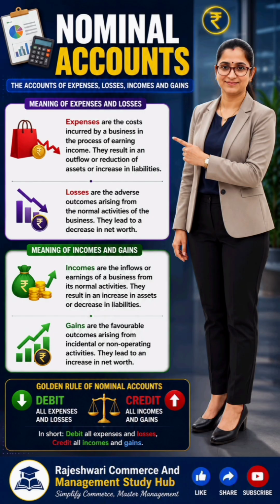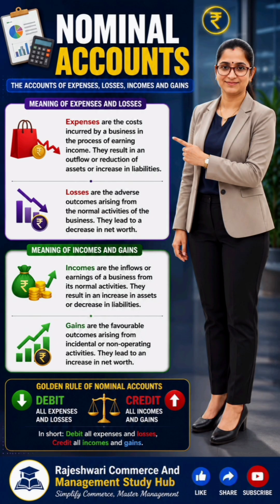Now how to treat this, how to record this, because we have two aspects, debit aspect and credit aspect. How to record expenses and losses and how to record incomes and gains. Let us understand the golden rule of recording the nominal account.